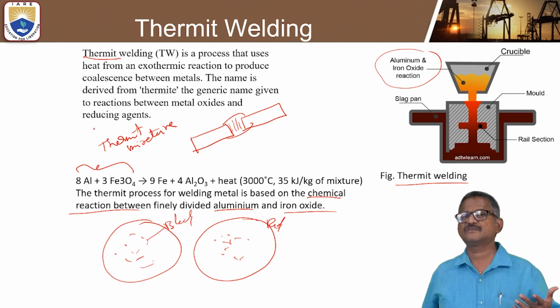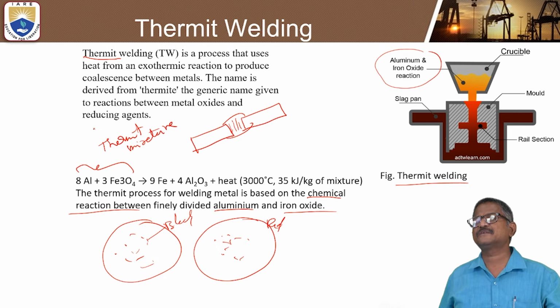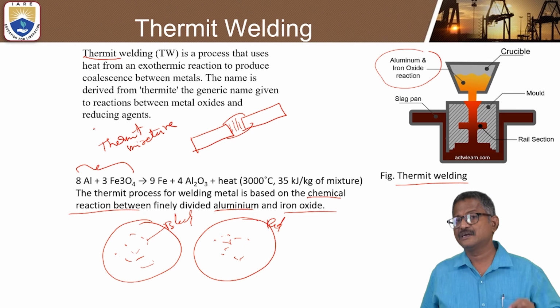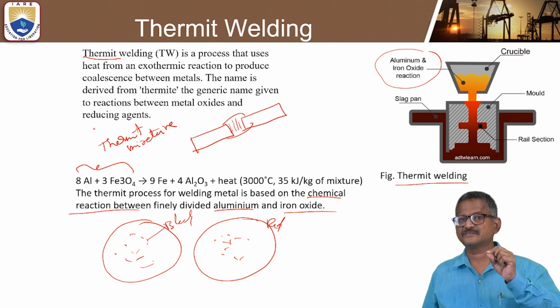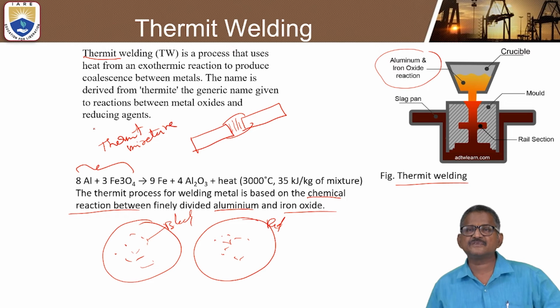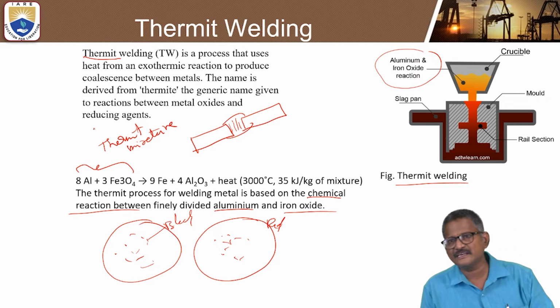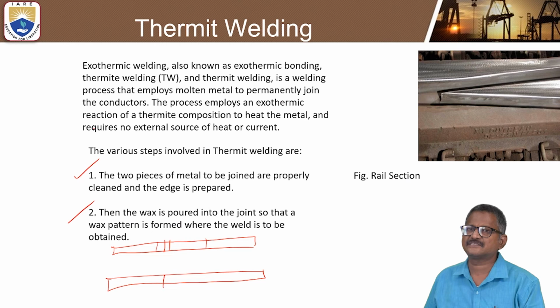Here, what are the principle and the chemical reactions that take place? Thermite welding is a very important process that uses heat from the exothermic reaction that takes place.